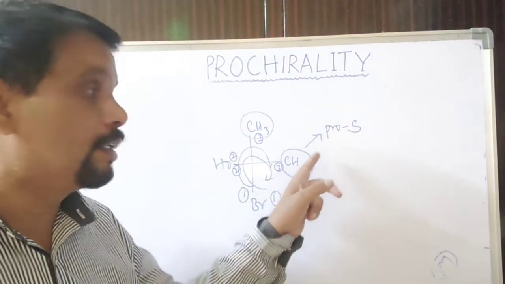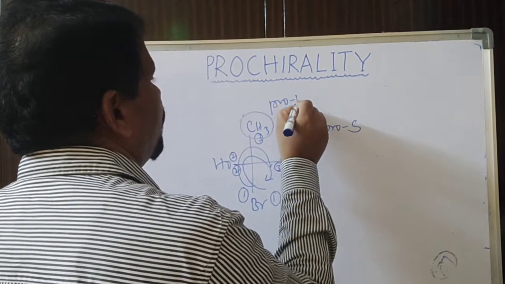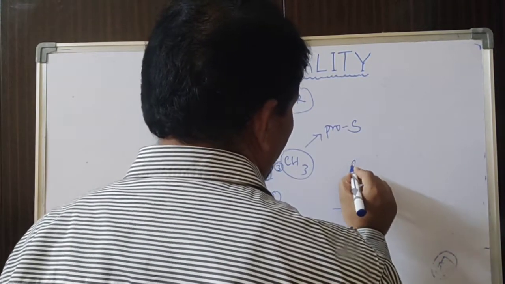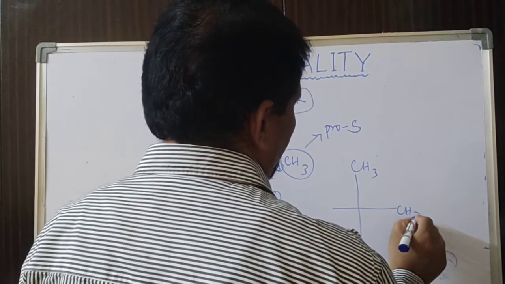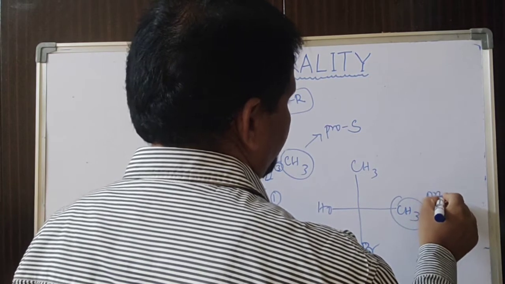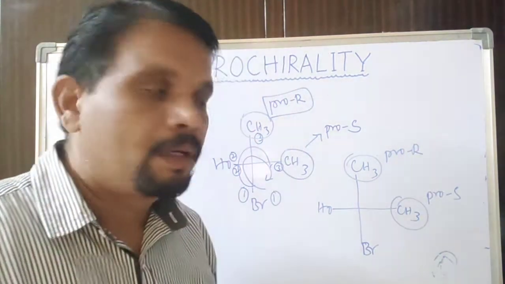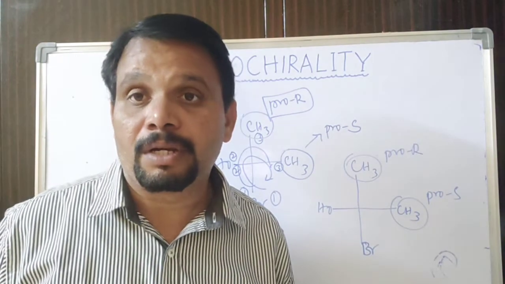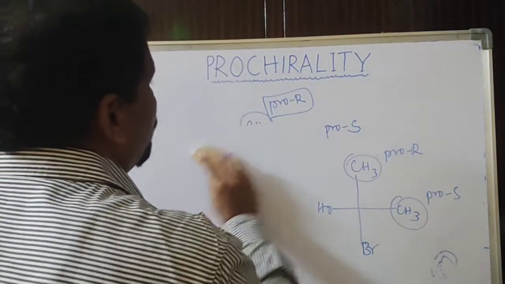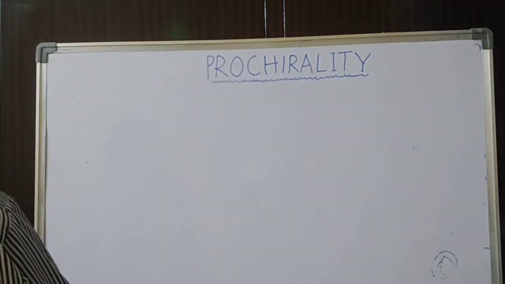In the previous case it was horizontal line, therefore pro S. In this case it is vertical line, therefore pro R. So if this kind of molecule is there, this is pro S, this is pro R. That's how we have to give priorities and notations.